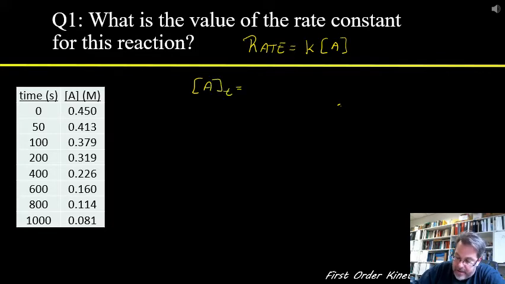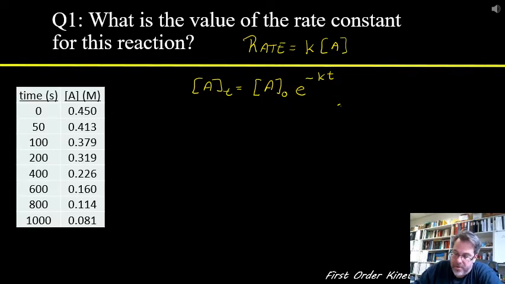Concentration of the reactant at time t is equal to the initial concentration times e to the minus kt. Now, you could start throwing numbers in there if you wanted, but I think it would get kind of messy. Usually, I think it's a lot cleaner to do a little bit of the algebra first. So since we're trying to solve for k over here on the right-hand side, let's try to isolate that.